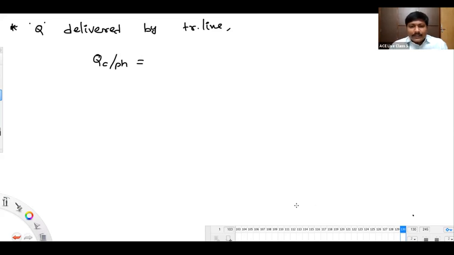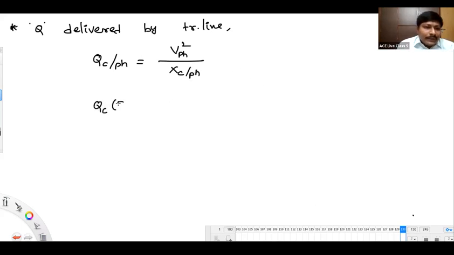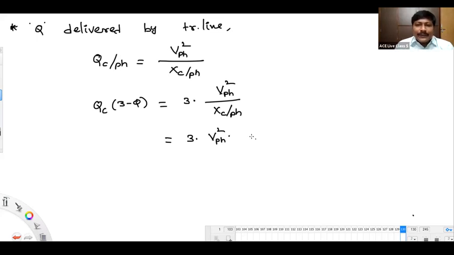Shunt element in the sense that we have to express this in terms of voltage. So I can say here phase voltage square by XC per phase. If you want to consider the three-phase quantity, you should multiply this by 3, so 3 into phase voltage square by XC. Since 1 by XC per phase is 2 pi F into C per phase, it becomes 3 into phase voltage square into 2 pi F C per phase.